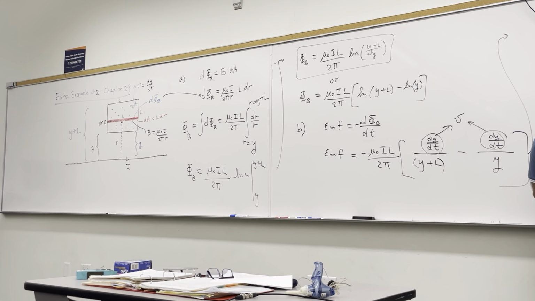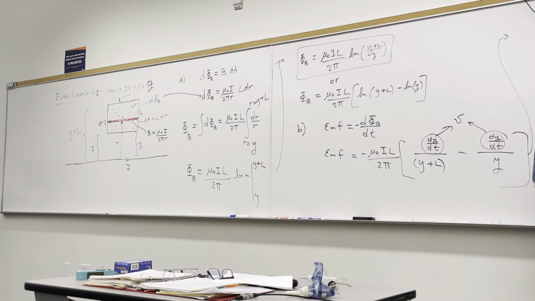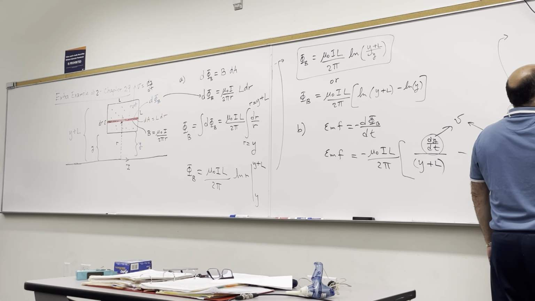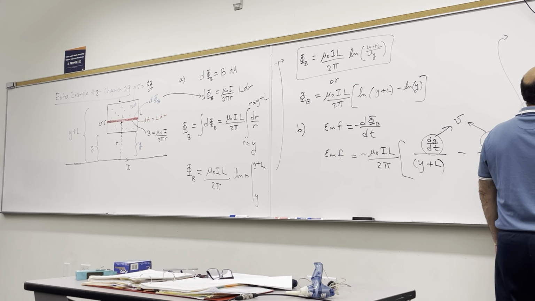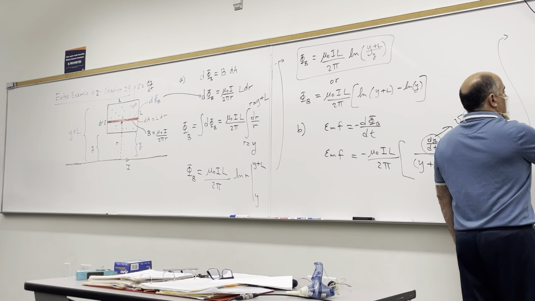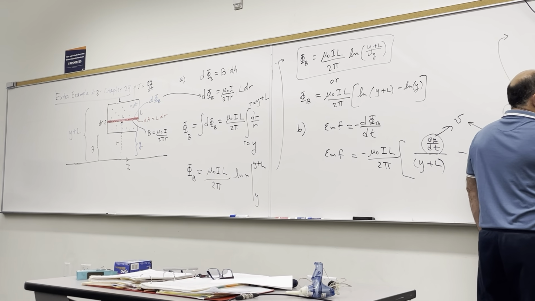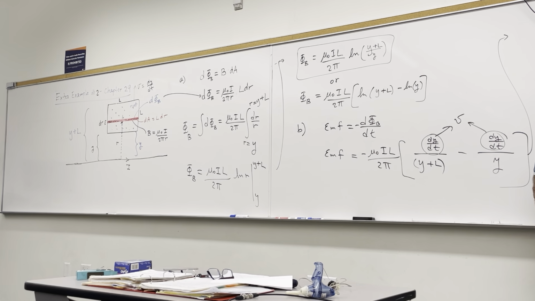I can multiply this two in the denominator, and that becomes a y minus y plus L. So this will cancel that, and the minus sign will cancel that, so this will be mu naught I L squared times v over 2 pi y times y plus L. And the induced current will be in the counterclockwise.